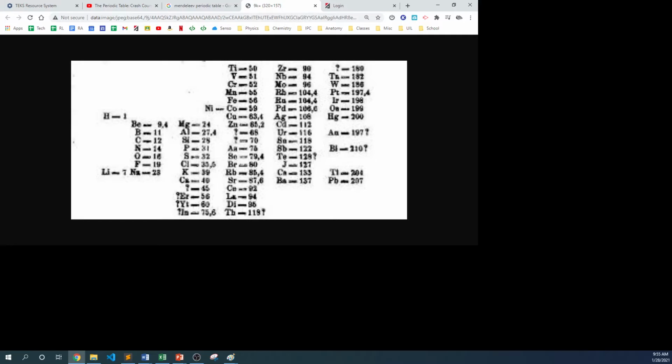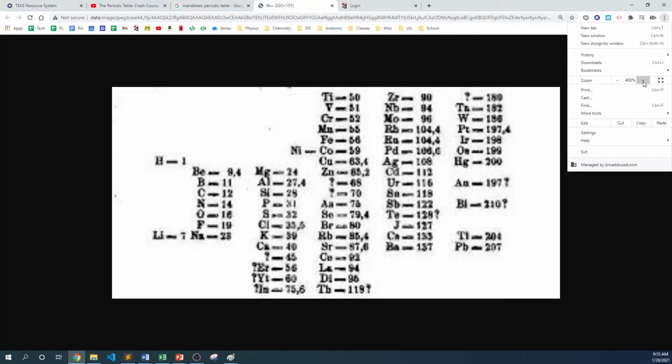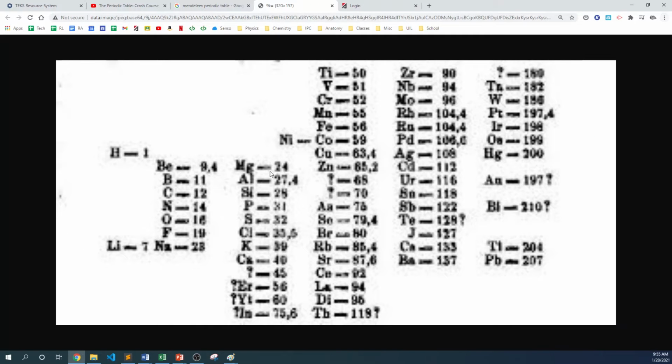It's super blurry. I can't find a good image of it. So compare it with the real one. Notice how it's organized. It's organized flipped around. His groups are rows, and his periods are columns. That's the opposite of how we have it.